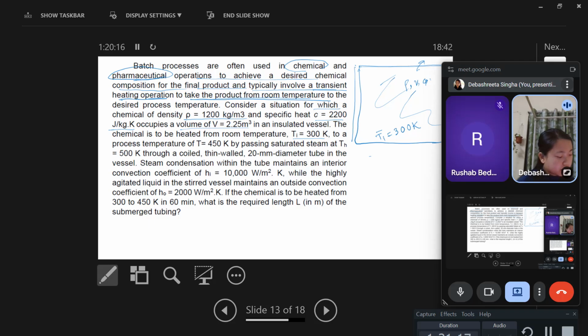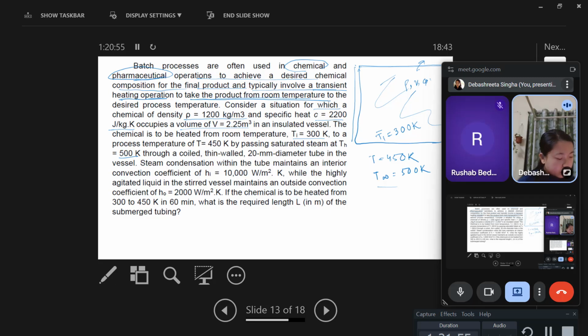That means the final temperature is 450 Kelvin, by passing saturated steam at TH equal to 500 Kelvin, that means the outside steam. Suppose the whole screen is the room, then the temperature of this room is 500 Kelvin. That means T infinity is 500 Kelvin.